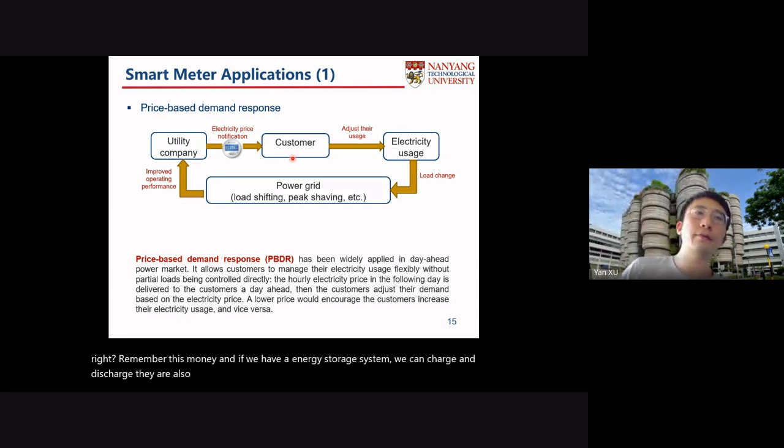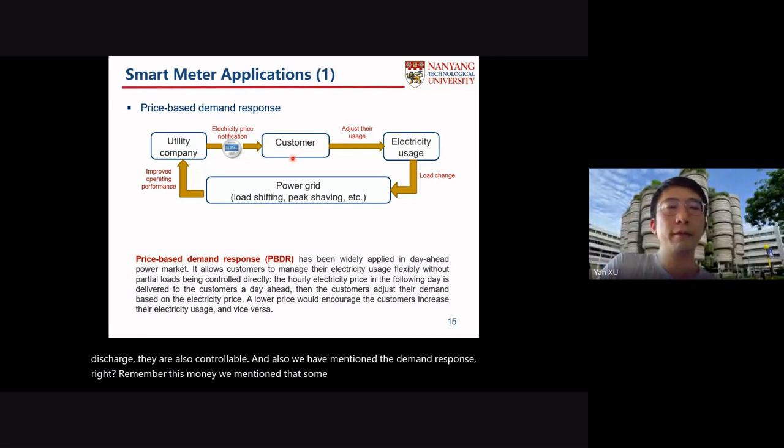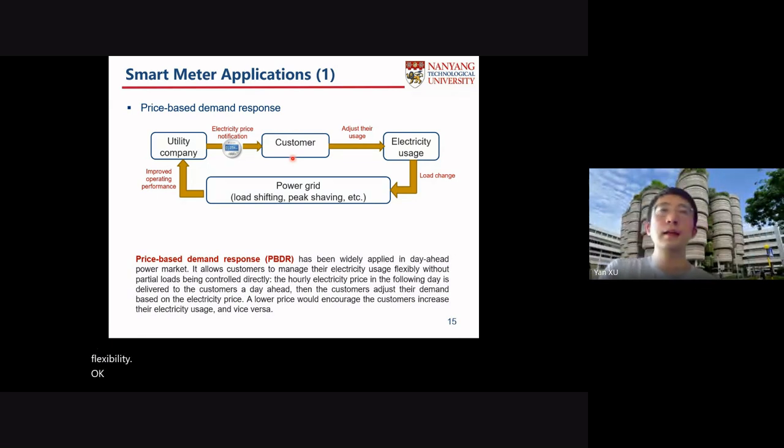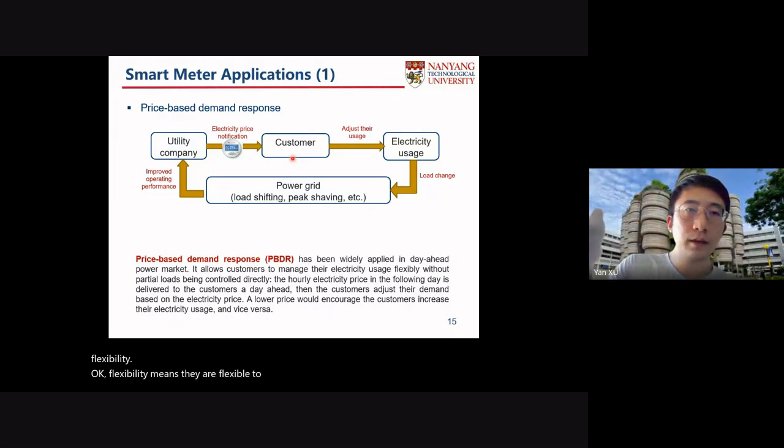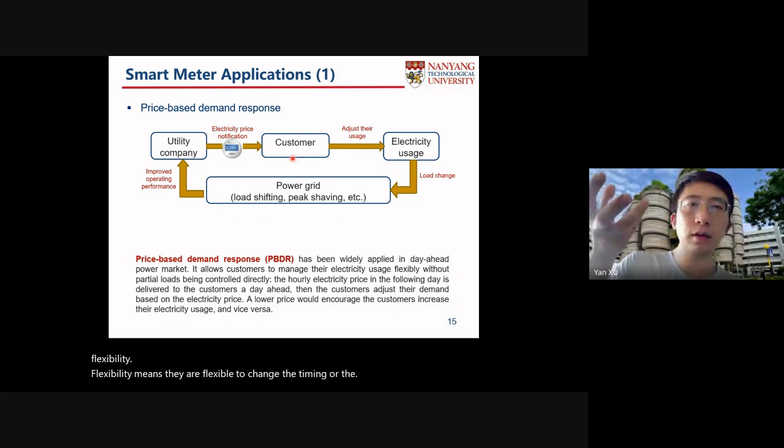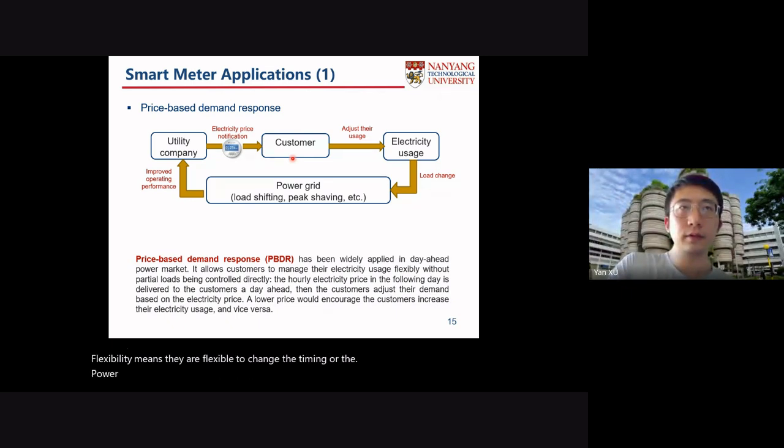We also mentioned demand response: some customer loads may have flexibility, meaning they are flexible to change the timing or the power consumption amount. This is the so-called flexible load.